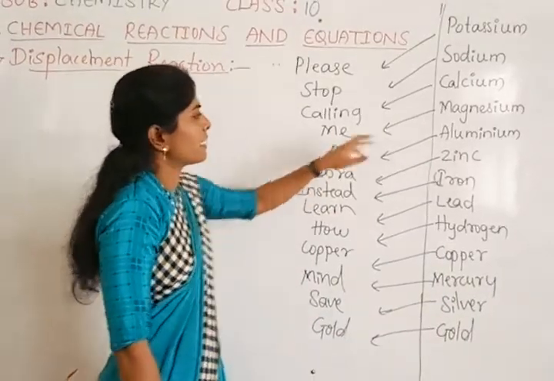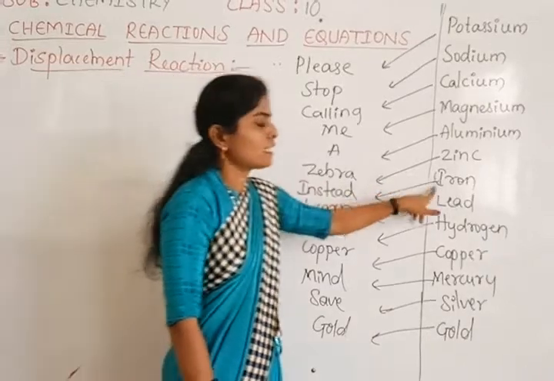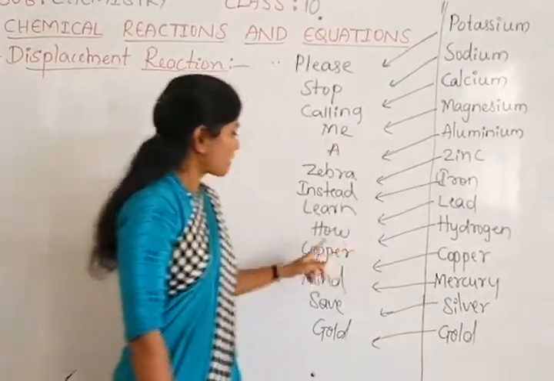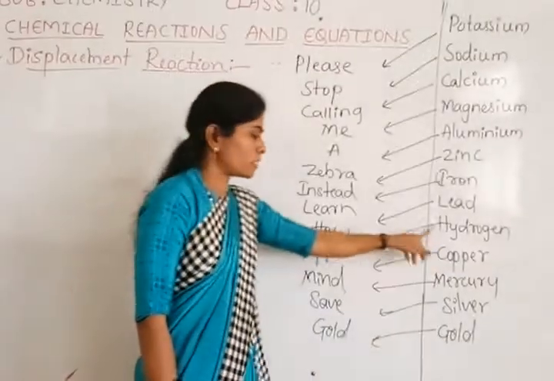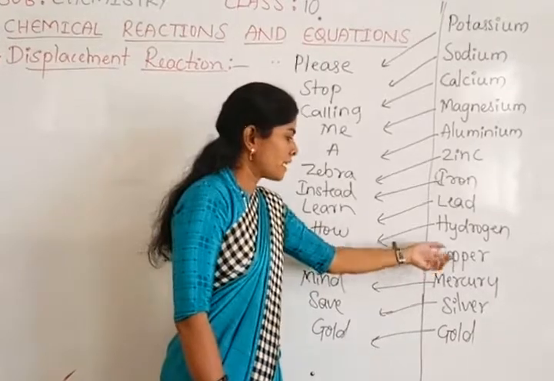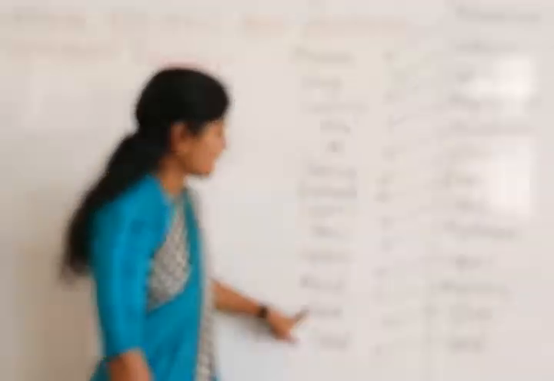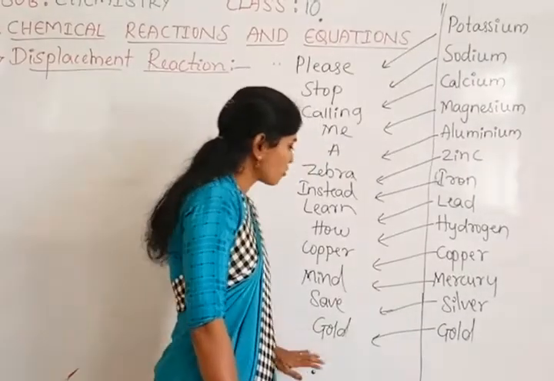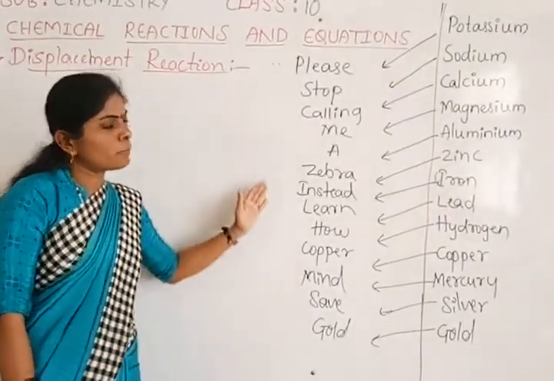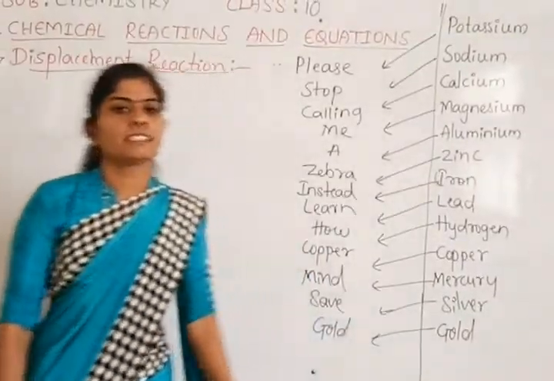Zebra: Z indicates zinc. Instead: I indicates iron. Learn: L indicates lead. How: H indicates hydrogen. Copper indicates copper. Mine: M indicates mercury. Saves: S indicates silver, and gold is the same word. If you remember this, you will be able to memorize the reactivity series.